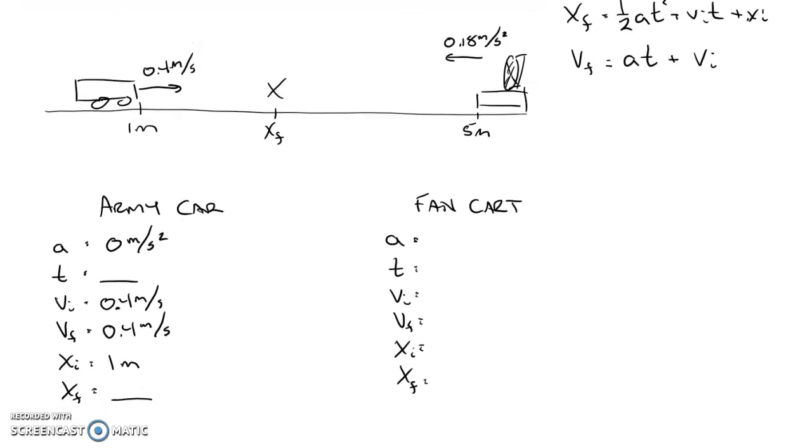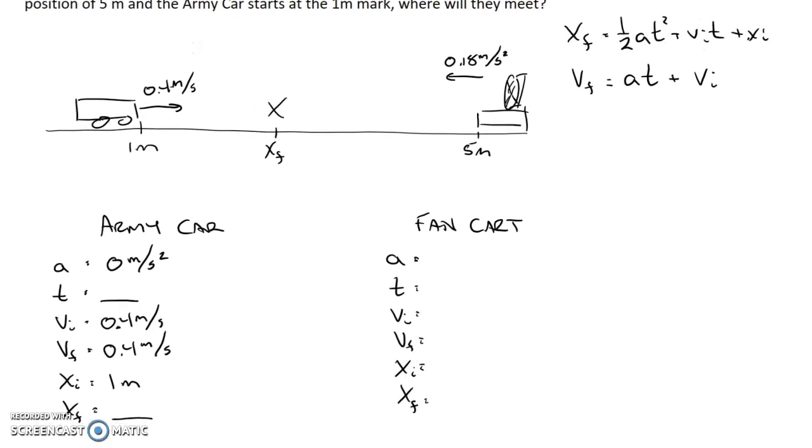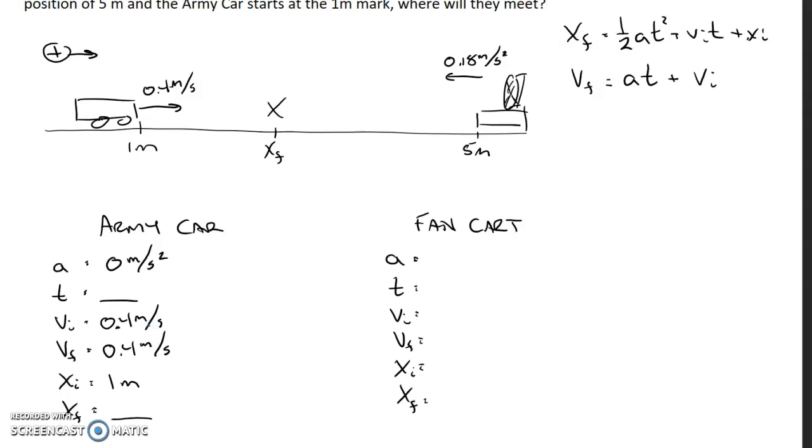The fan cart is going to be moving towards the army car. Now, I didn't put it on my drawing, but it's always helpful to reference the fact that I'm calling the positive direction to the right. I've indicated that I've got a positive velocity, and therefore my acceleration, which is to the left, needs to be negative 0.18 meters per second squared.